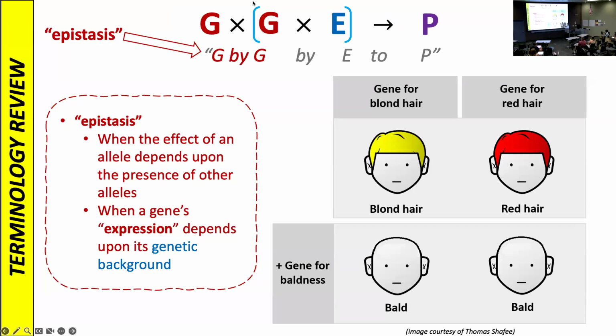So it's still kind of G by E, but now the E actually picks up a little bit of the other Gs. Those parentheses were just meant to help highlight it. When people talk about epistasis, they don't talk about the parentheses. They say G by E. That's just our shorthand for epistasis.